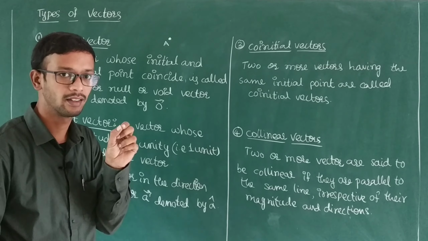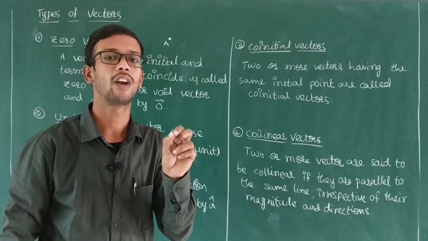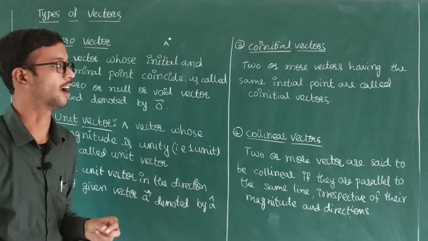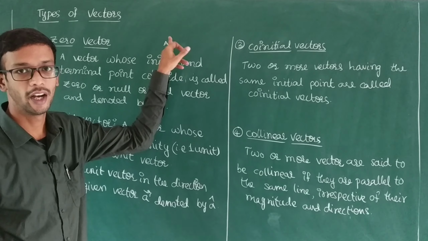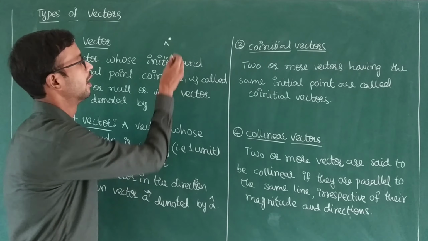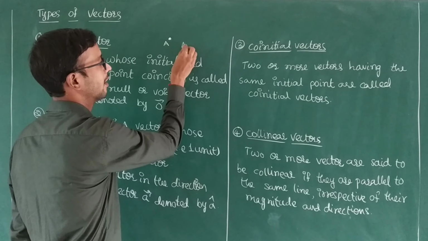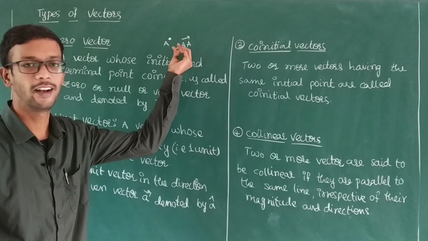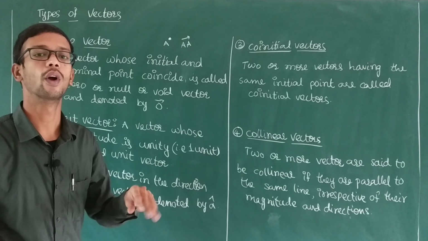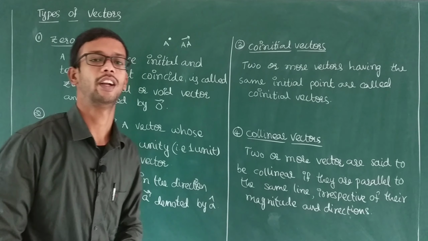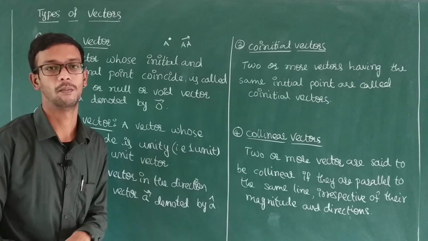Writing simple zero is wrong here. Zero writing means a scalar. Zero bar writing means zero vector. We can indicate this as A to A bar only. That type of vector is called a zero vector and denoted by zero bar.